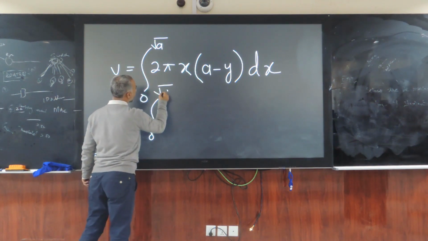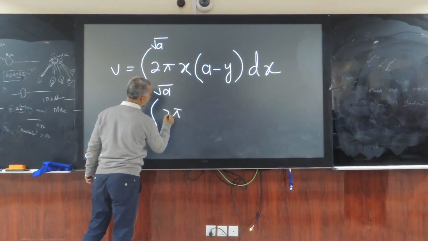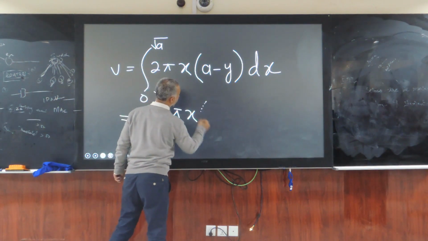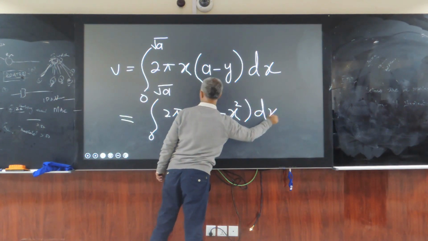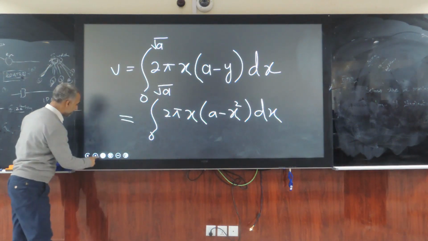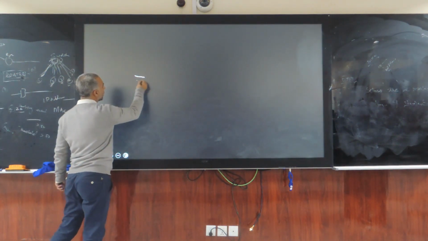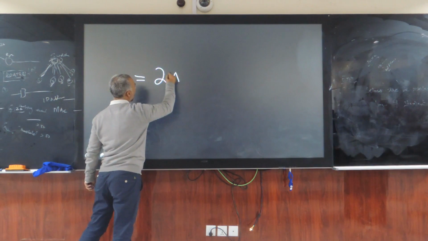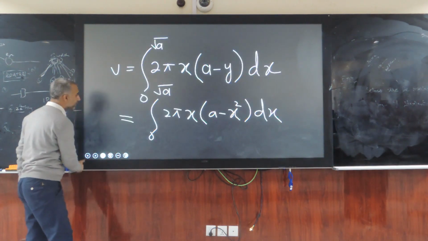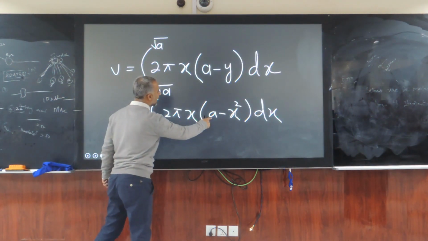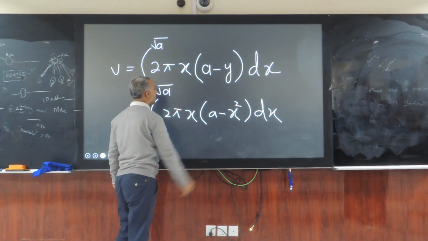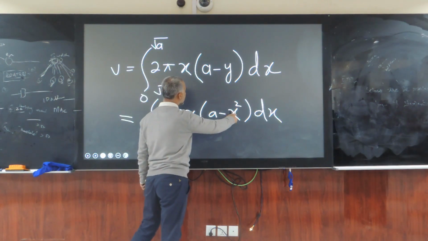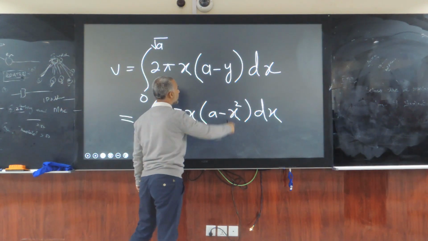Therefore, on integrating it, we multiply this x with a, and on integration it becomes a x square over 2, and with this it becomes x cube over 4.